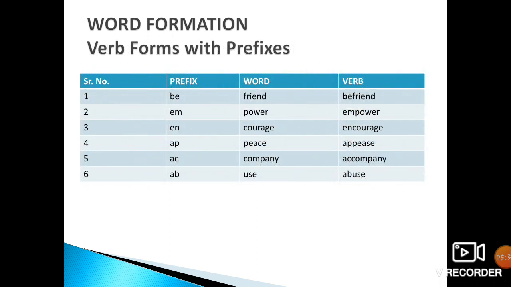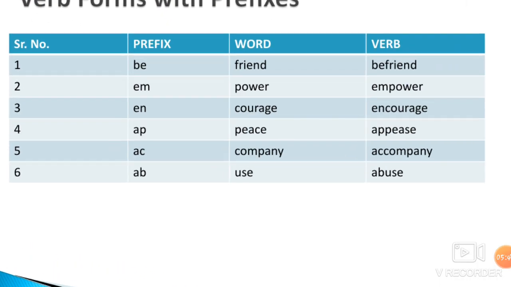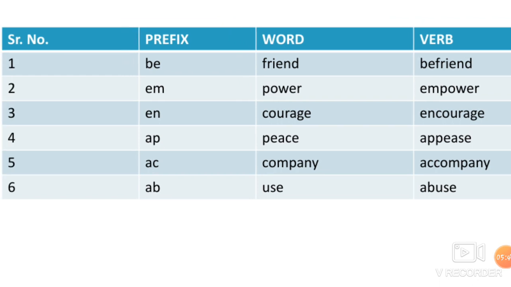Let's see the next slide showing you word formation. Here, verb forms are with prefixes. Prefixes, as you know, are the part added before the root word. Okay. Let's see 6 examples in front of you. Friend becomes befriend. Power, empower. Courage, encourage. Peace, appease. Appease spelling is different.